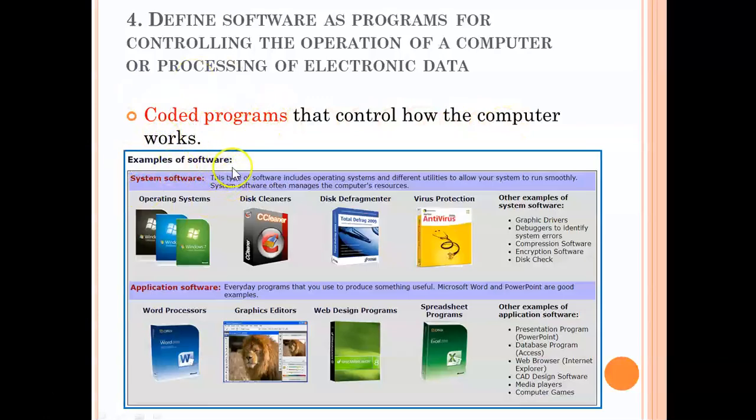Examples of software you probably already know: your operating system, disk cleaners, disk defragmenter, an antivirus, Microsoft Word for example, graphics editors like Photoshop, web design programs, and Excel spreadsheet programs. These are all programs you can use on your computer.